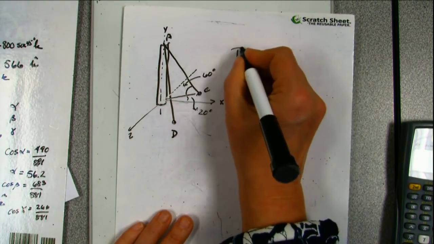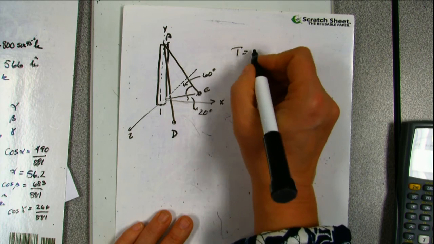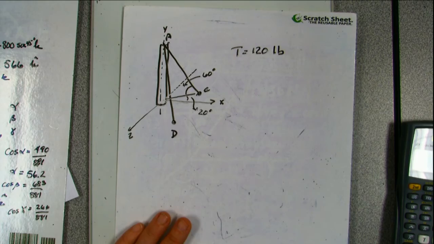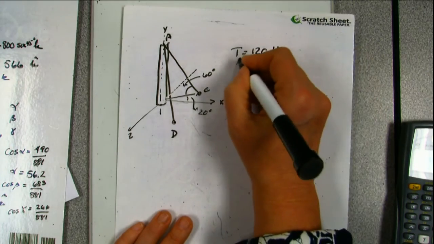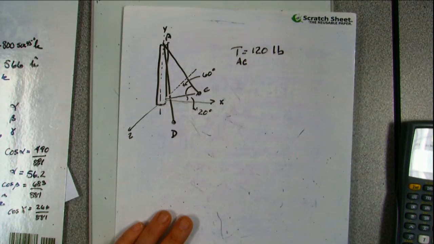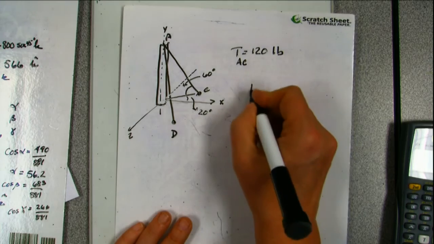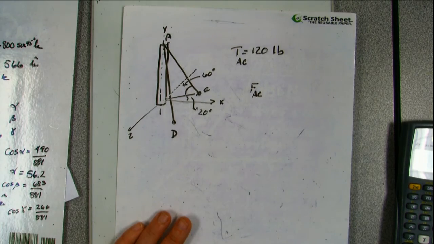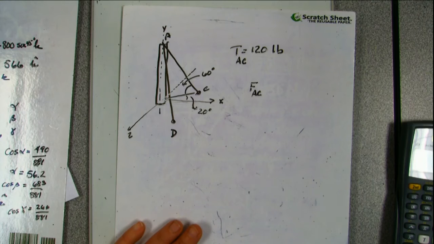We're told that the tension in the cable is 120 pounds, and this is the tension in cable AC. We want to write the force AC as a Cartesian vector. We want to put it in the X, Y, and Z.